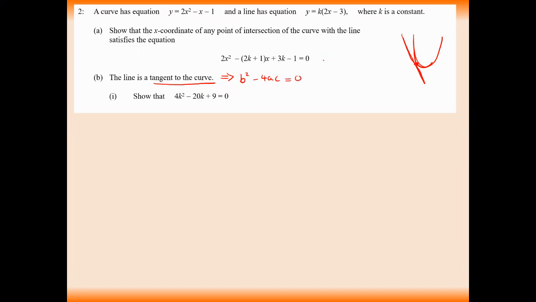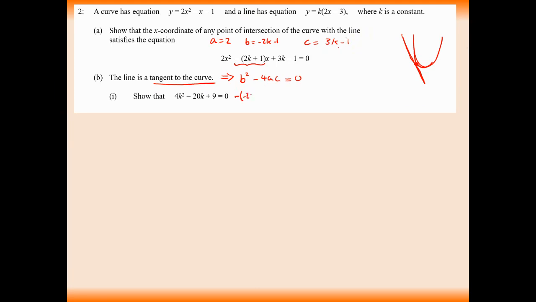So we're going to write what the values of a, b, and c are here. a is 2, b is negative 2k minus 1, and c is 3k minus 1. So we're going to substitute those red values into this equation. We're going to use the bracket here, minus 2.